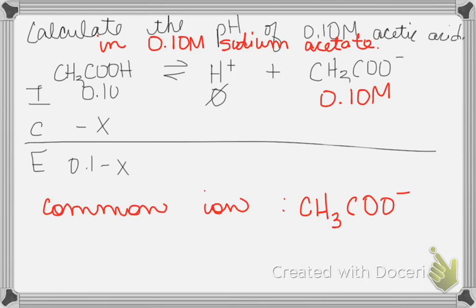The acetic acid would break down. But when I put it in sodium acetate, not as much is going to break down. Because essentially what this is doing is stressing the equilibrium. And since I'm adding product, acetate, it's causing the equilibrium to go back to the reactant side just a little bit. It is a Le Chatelier concept.